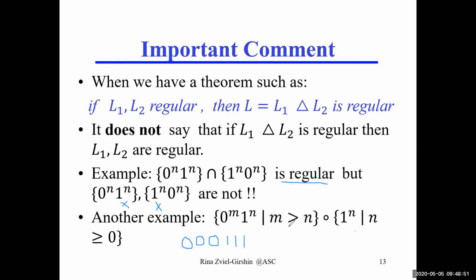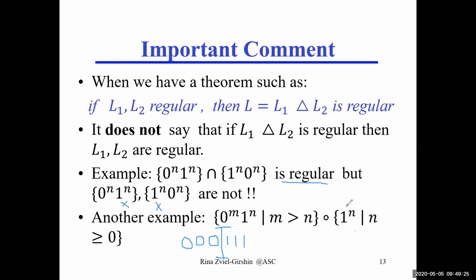So after concatenation of prefixes of 0 and suffixes of 1 with additional ones, I can always divide the input word into two parts like this. And I can claim that all the zero part I got from the first language, and all the ones I got from the second language of the concatenation.